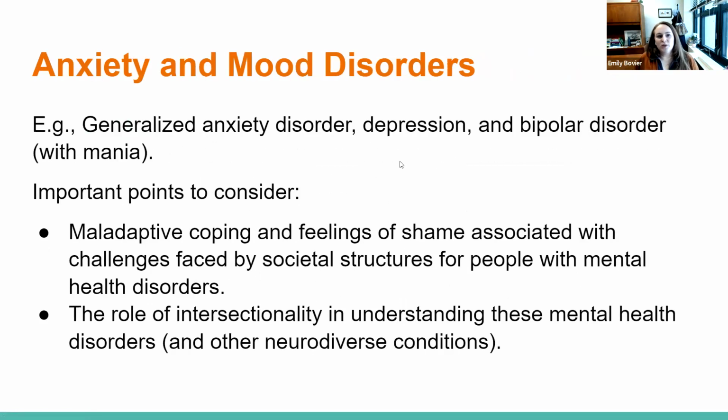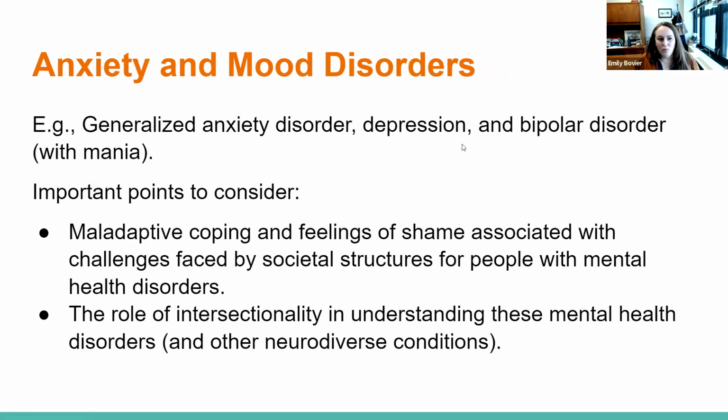And let's talk just briefly about anxiety and mood disorders, because again, I want to prime everyone with the idea that we have what are well-known neurodiverse conditions, but anxiety and mood disorders are also starting to fall under this umbrella of neurodiversity. And again, that's generalized anxiety disorder, depression, and bipolar disorder.